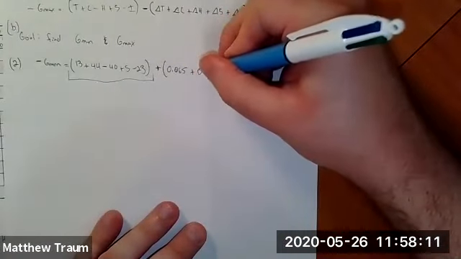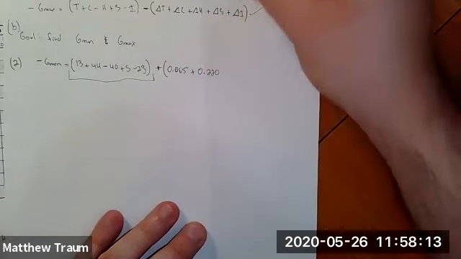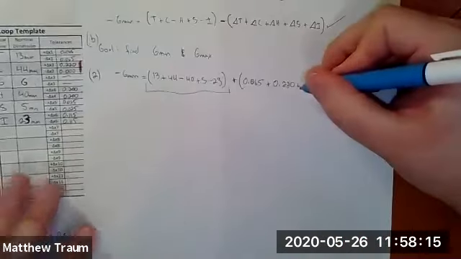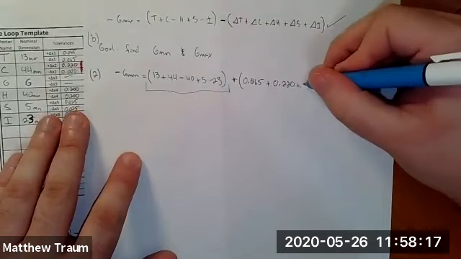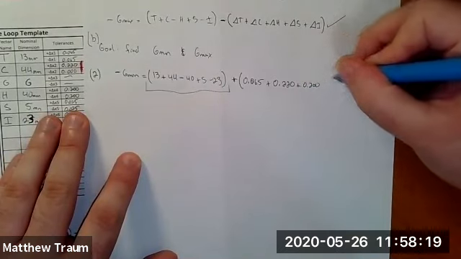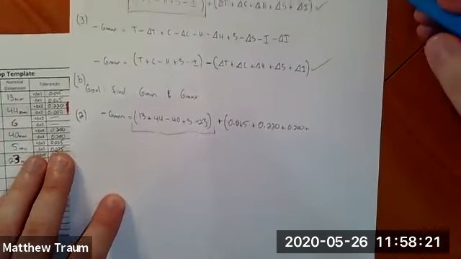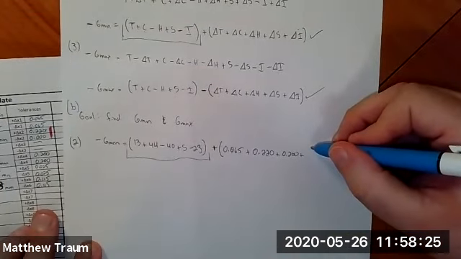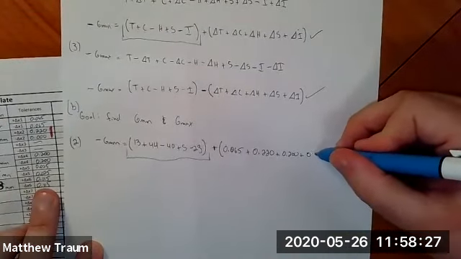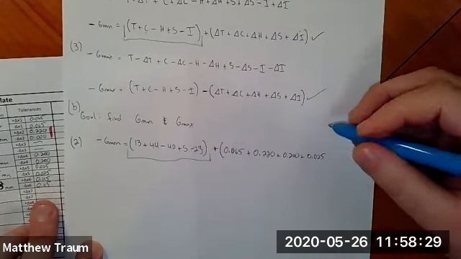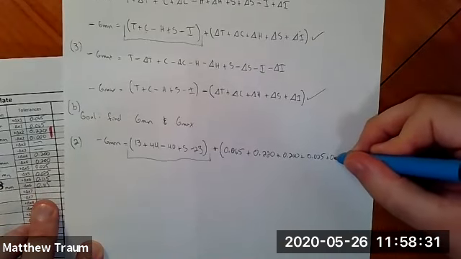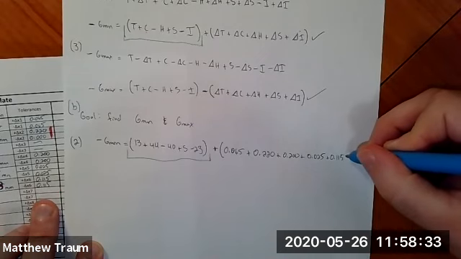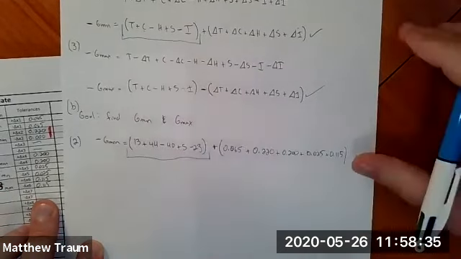So it's 0.220. And then what's H? H is 0.200. And what is S? S is 0.025. And I is 0.115. Okay, and it's all millimeters.